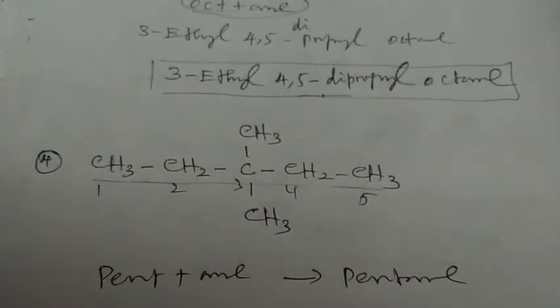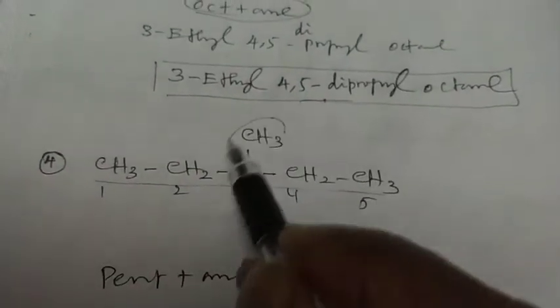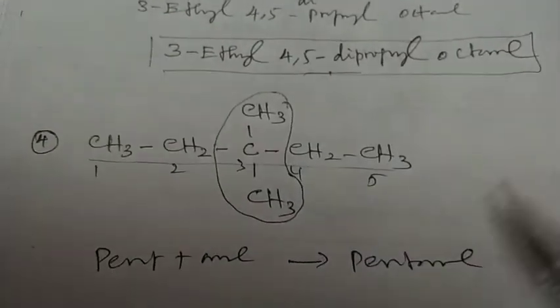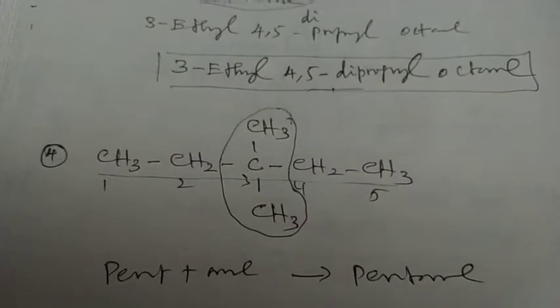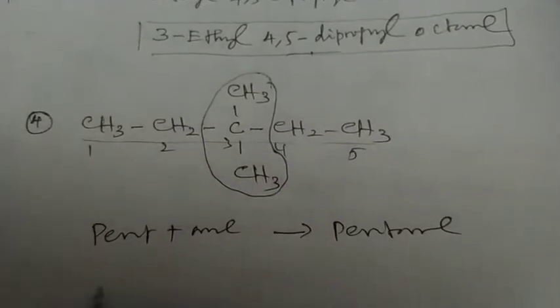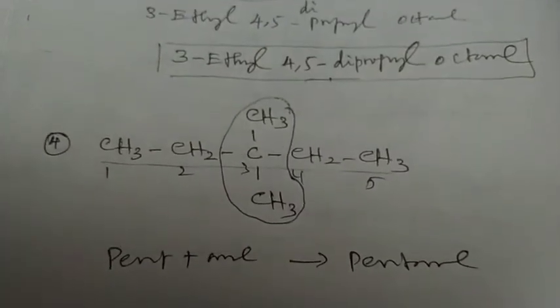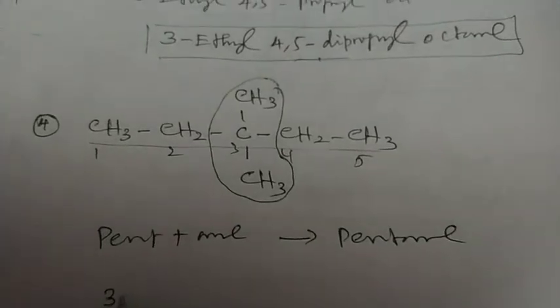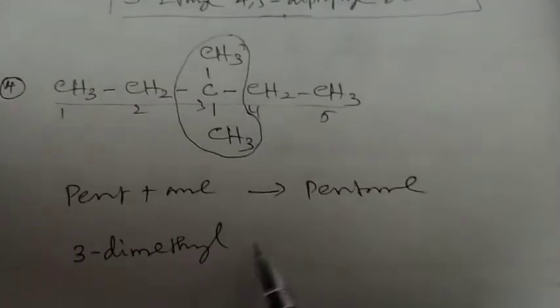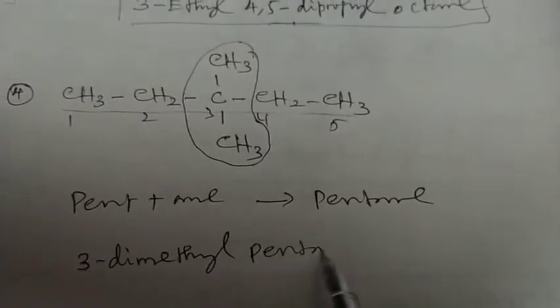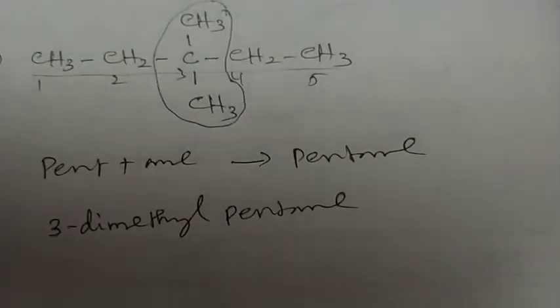And see, with the third carbon, two methyl groups are attached. The third carbon contains two. So 3, dimethyl. Dimethyl pentane.